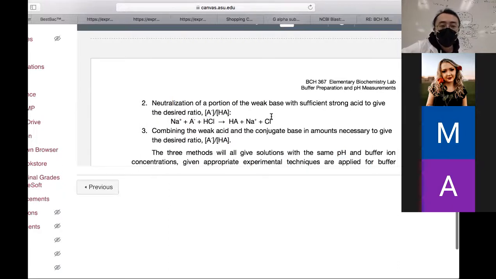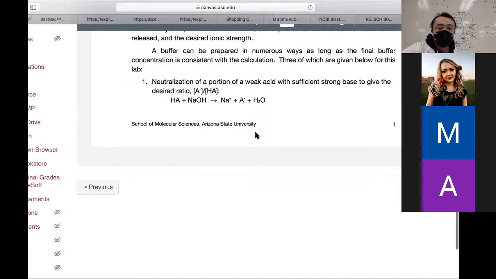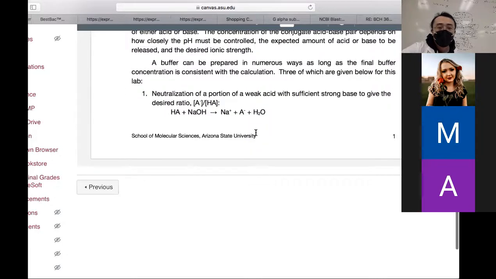The third is using the weak acid and weak base together. So that's three different methods. Let's go through it one by one.